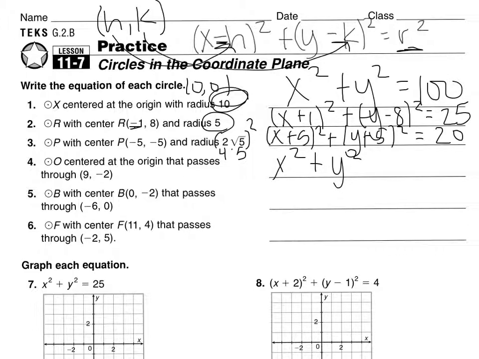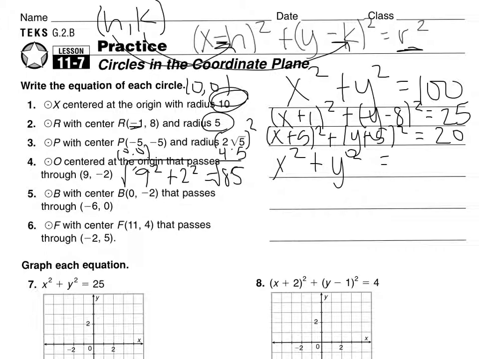Now I need to find out how long the radius is so I can square it. Well, the origin, that's 0, 0. So from 0 to 0 is 9 squared, plus from negative 2 to 0 is 2 squared. So that is 85.